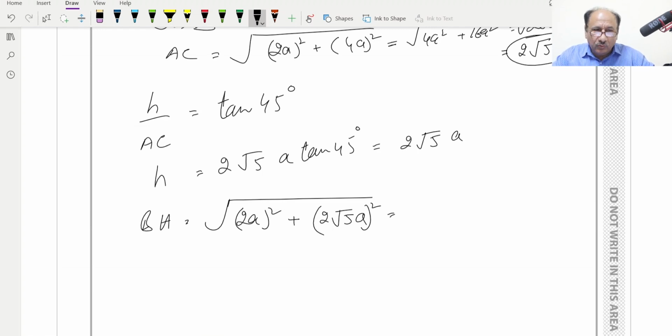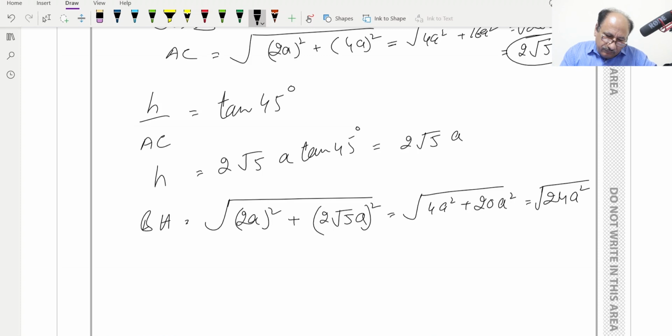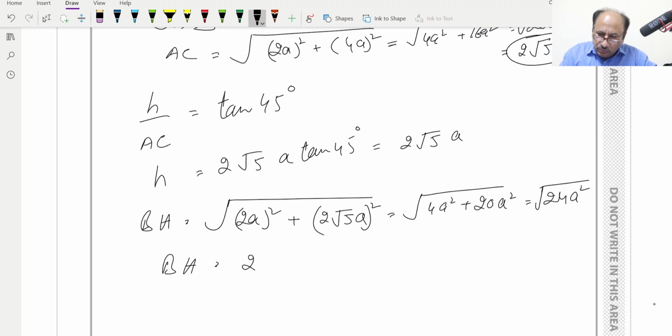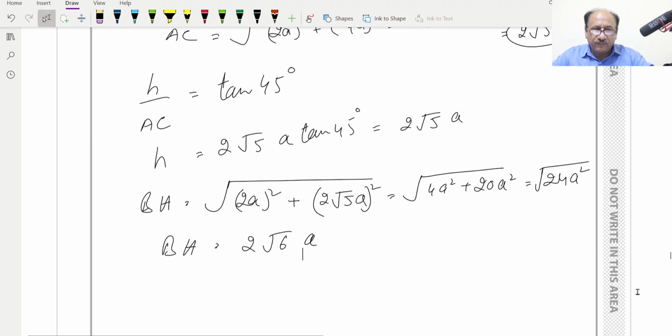Now we will open this, and this will be 4A squared plus 20A squared, which is equal to 24A squared under root, so BH is the under root of 24. The under root of 24 is equal to 2 under root 6, so we can write 2 under root 6, and A squared without under root will be A, and this is the value of BH.